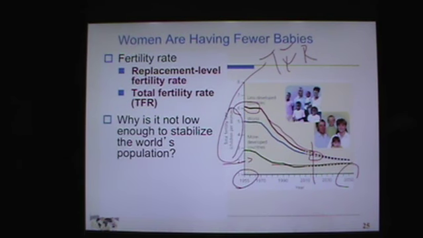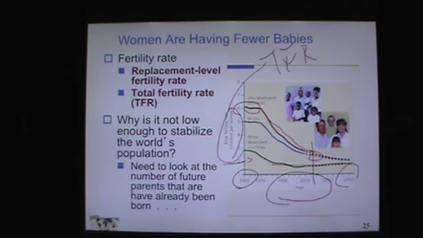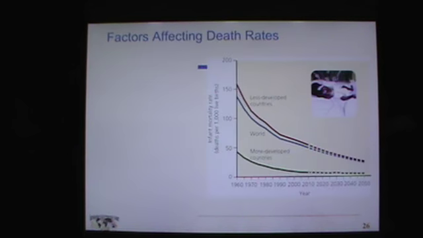Remember, that's the replacement level. So why is this not low enough already to stabilize the world's population? I mean, for goodness sake, it started dropping in the early 1960s. You'd think by now we would have reduced the population. Well, we haven't. We need to look at the number of future parents that have already been born that are going to have children. That kind of explains it.